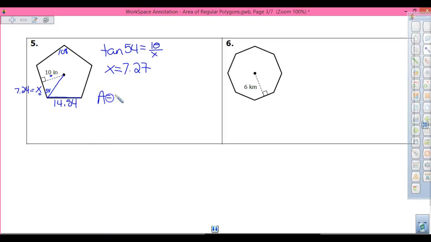So area equals 1/2 times, what's my bottom? 10 times, what's my perimeter? 72.7 even? Really? Alright, multiply it by 10, divided by 2. 363.5 inches squared.